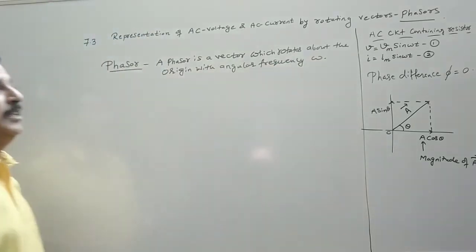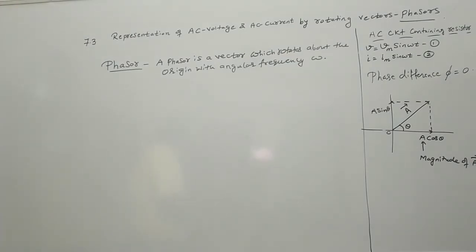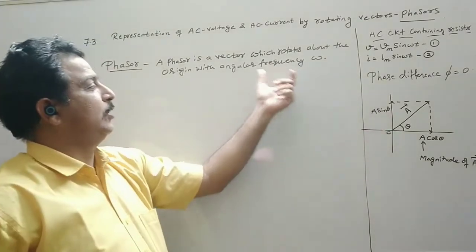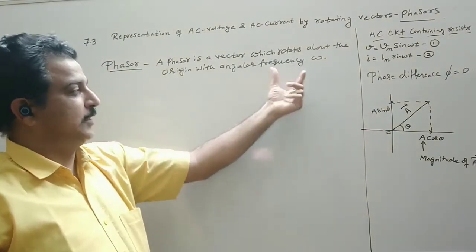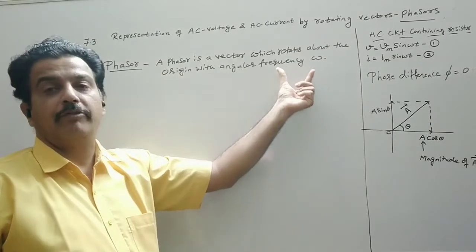So a phasor is nothing but a vector which rotates about the origin with an angular frequency omega. So instead of this theta, we discuss the thing in terms of the angular frequency omega.